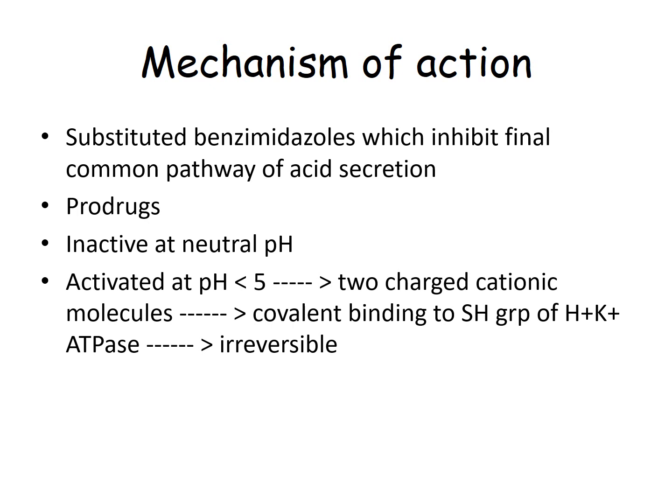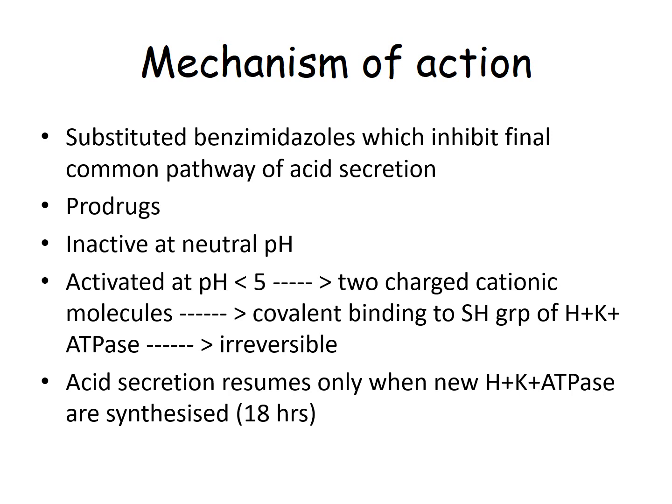Only when the pH is less than 5 will the drug be activated, forming a 2-charged cation molecule that binds covalently to the SH group of H+/K+ ATPase, and it is an irreversible process. Acid secretion resumes only when new H+/K+ ATPase is synthesized, and it takes about 18 hours.